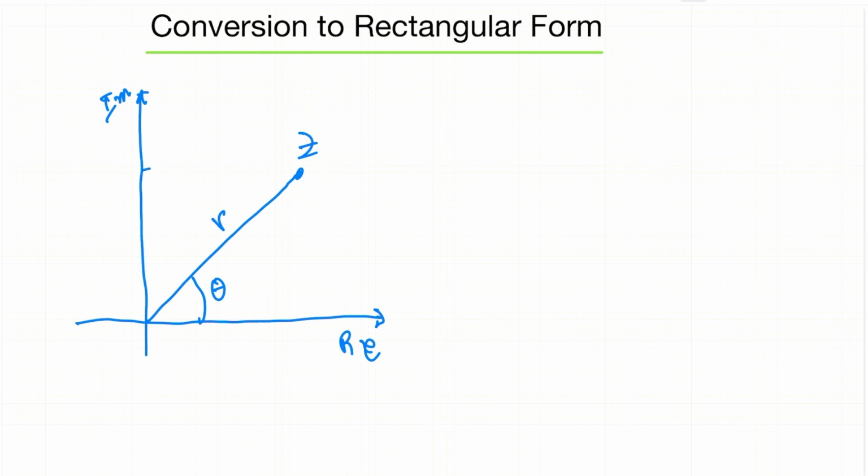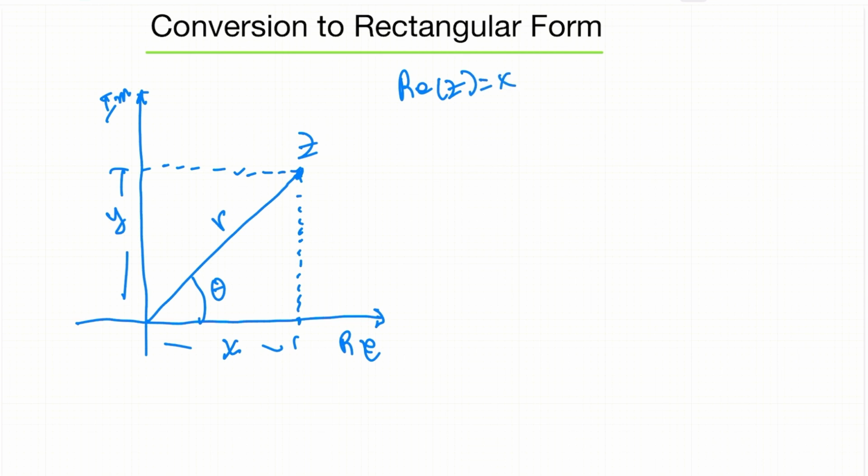Now we can do a little trigonometry here to generate some relationships. We know that the projection of R on the y-axis, or on the imaginary axis, we'll call that y, and the projection of R on the real axis, we'll call that x. So there's our distances. Now what we know is the real portion of z is equal to x, the imaginary portion of z is equal to y. We're going to define that.